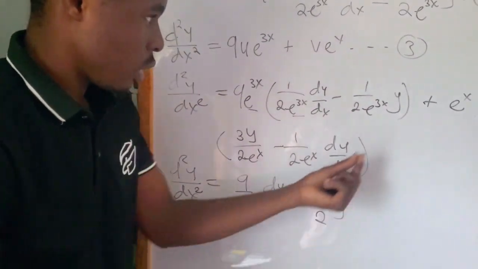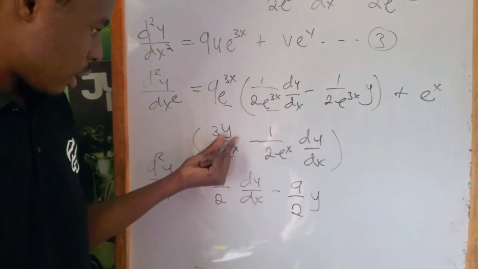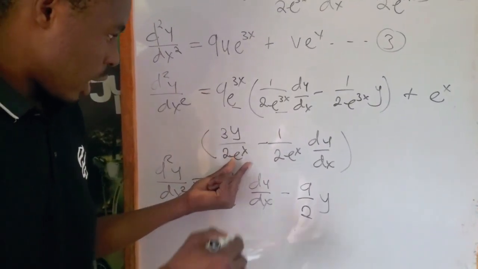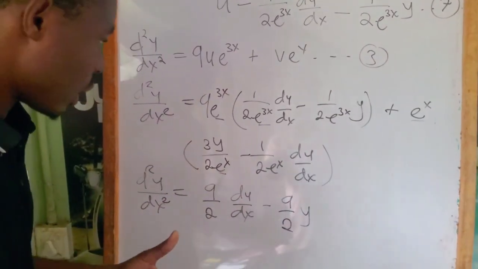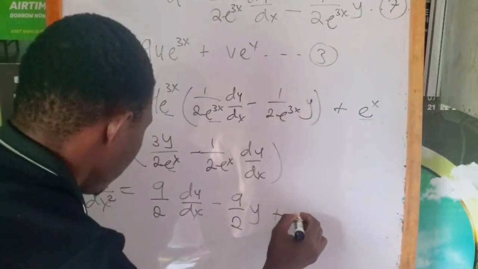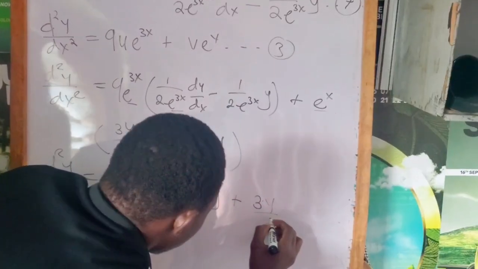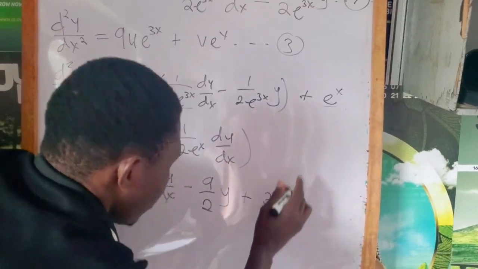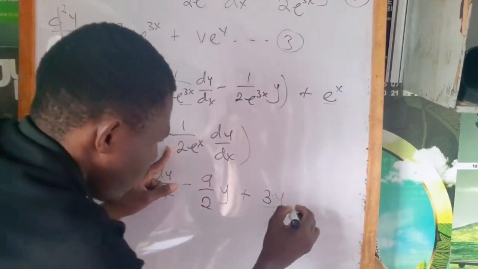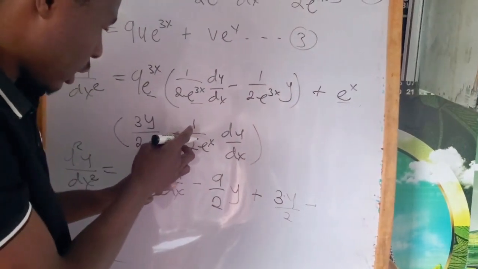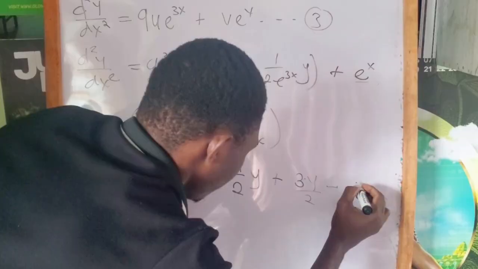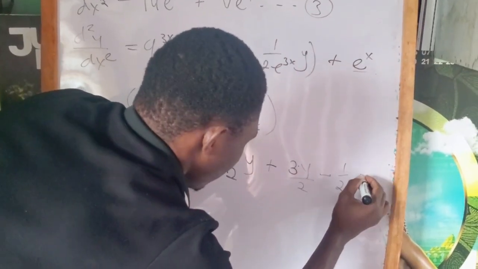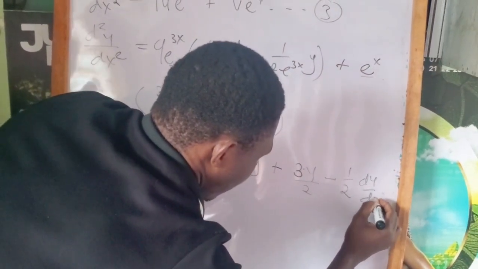Then e to the x multiplied by 3y divided by 2e to the x. Now this e to the x will cancel when we open the bracket, leaving us with positive 3y divided by 2. Then we have minus e to the x times negative 1 over 2e to the x. It will cancel out, so you are left with minus 1 all over 2 dy dx.